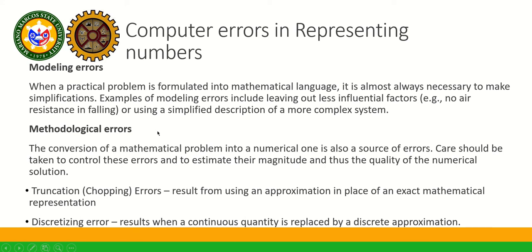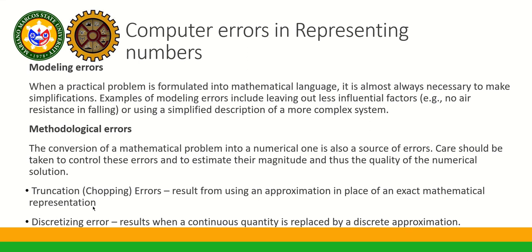Next are methodological errors. The conversion of a mathematical problem into a numerical one is also a source of errors. Care should be taken to control these errors and to estimate their magnitude, and thus the quality of the numerical solution. So, nangyayari din yung pag-convert natin ng mga word problems into mathematical equations. Truncation or chopping errors result from using an approximation in place of an exact mathematical representation.